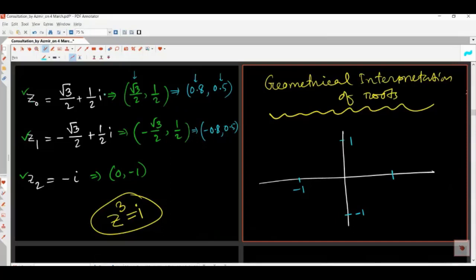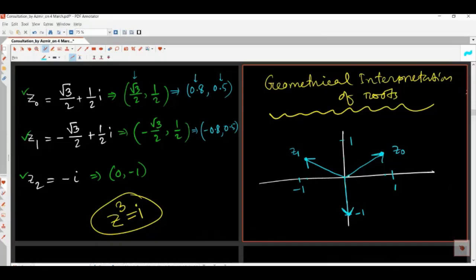The first point z0 is (0.8, 0.5), so z0 is here. Similarly, z1 is negative 0.8, positive 0.5, so the second point is here. This is z1. z2 is (0, -1), so the third point is here.